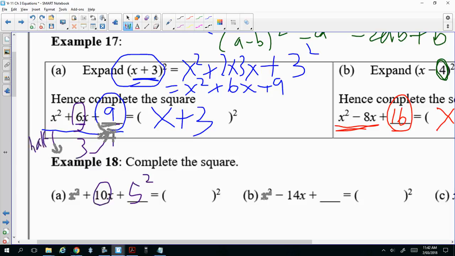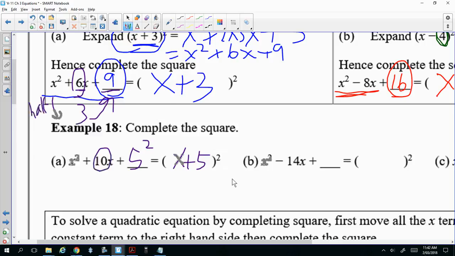So that means you write (x + 5) squared. Does that make sense? If you expand this, you get x squared plus 10x plus 5 squared using the formula. Remember, half first, then square. How about the next one?